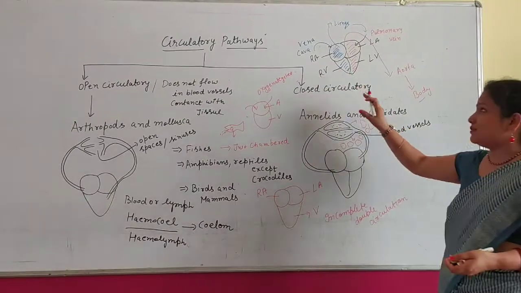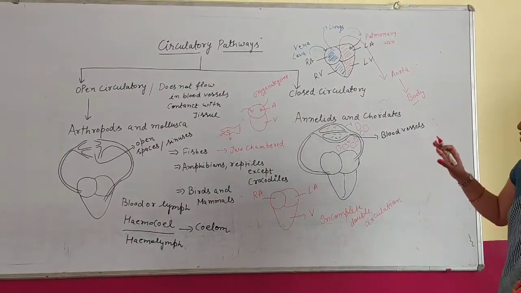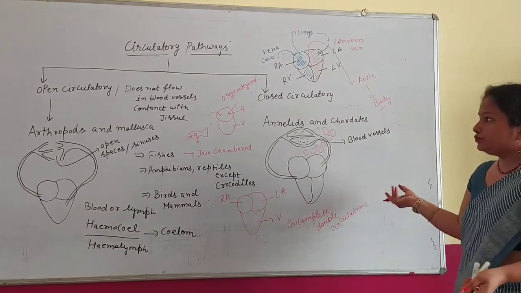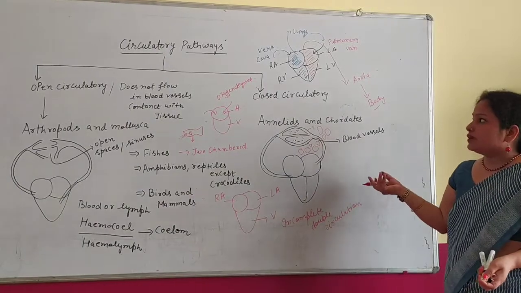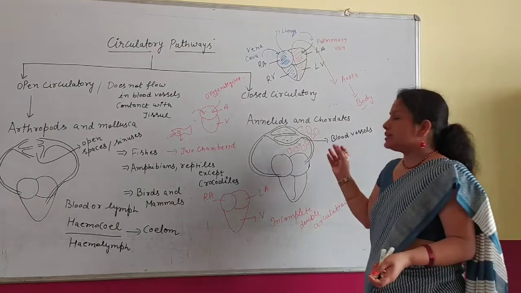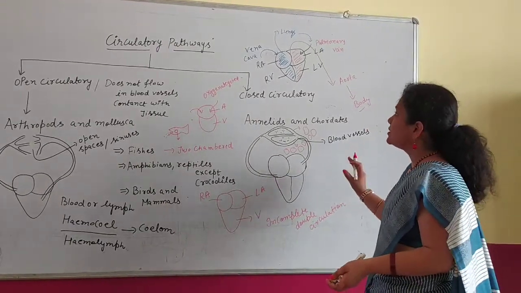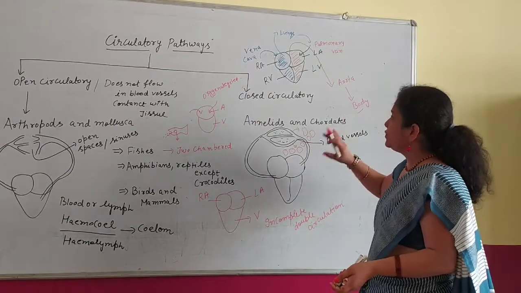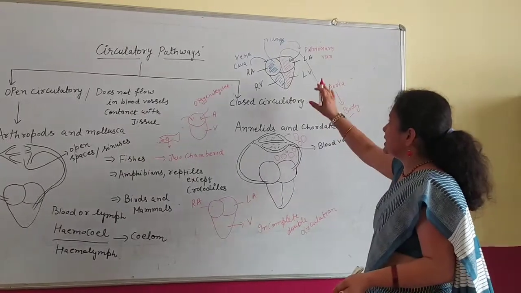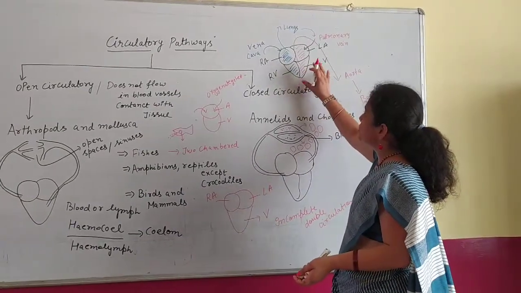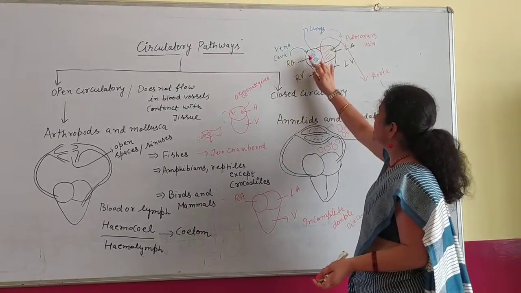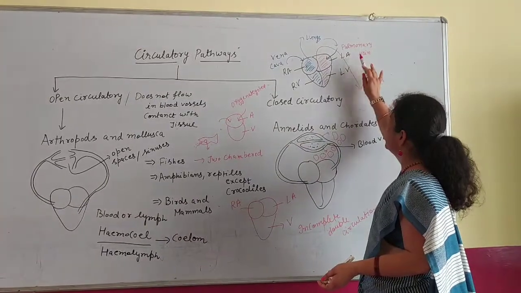In case of birds and mammals, there is a four-chambered heart, and we can say there is double circulation. Now we have to understand what double circulation is. Double circulation means at a single time in the heart, blood enters two times. Firstly from the vena cava and second from the pulmonary vein.